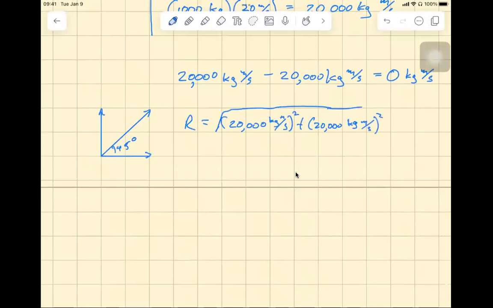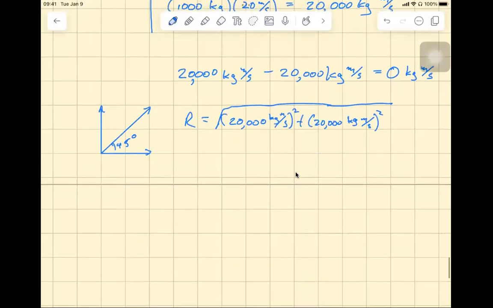Let's extend our little line here. And that's going to be the same as R equals 20,000 times the square root of 2, or 1.414, kilogram meters per second. And let me pull out my little calculator.